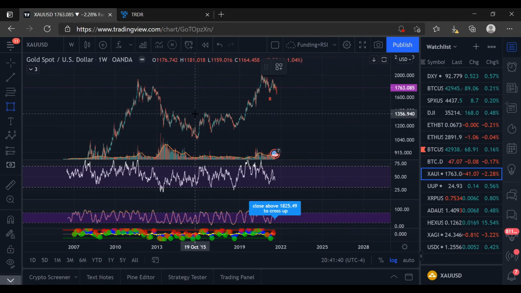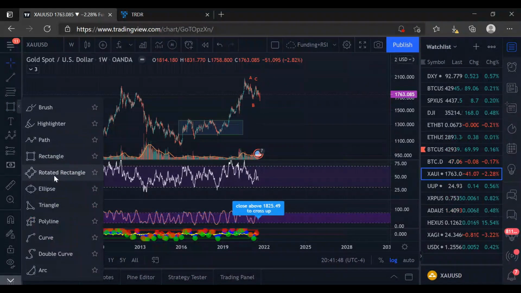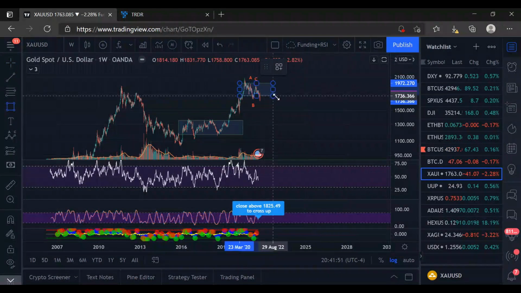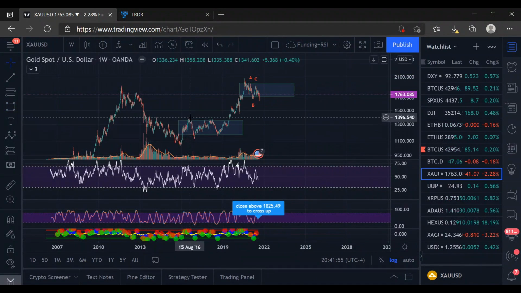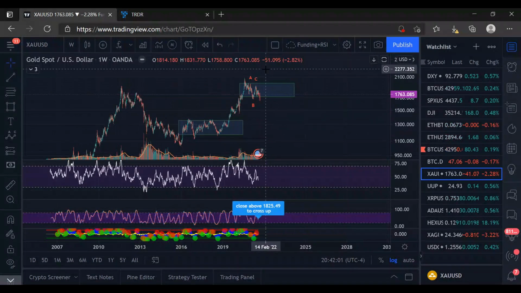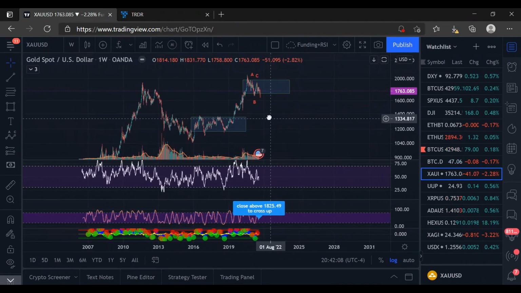You got your accumulation box, and up top we have the distribution box. And then we just play out one more leg, and then we repeat this bear market. Yeah, got that on the weekly gold. Very interesting.